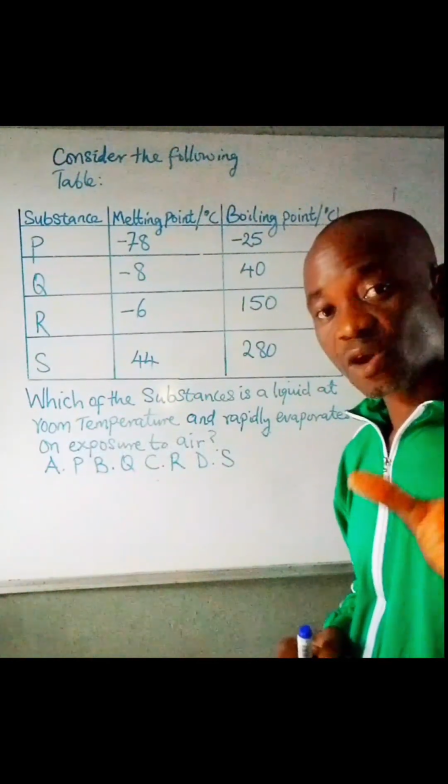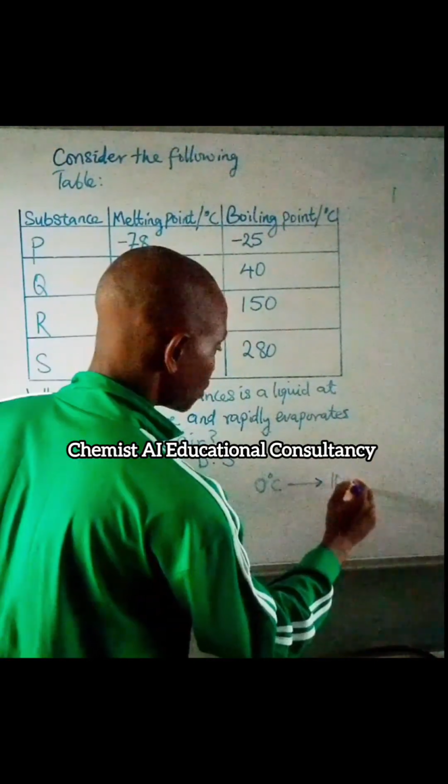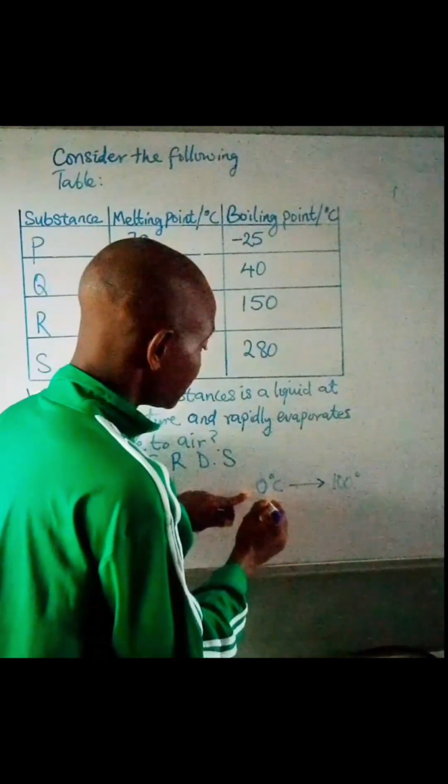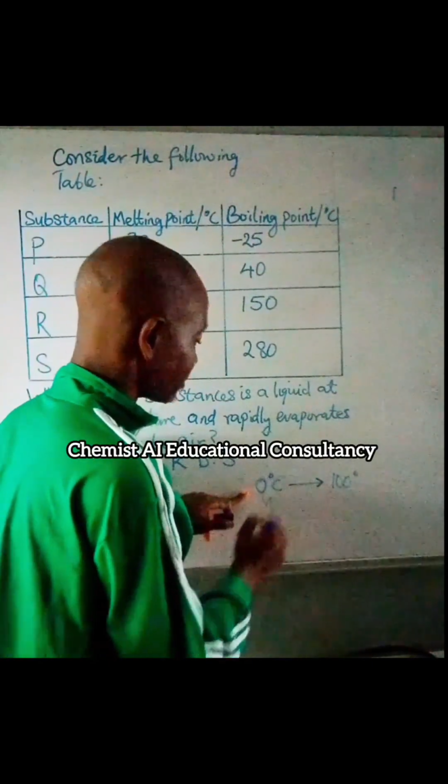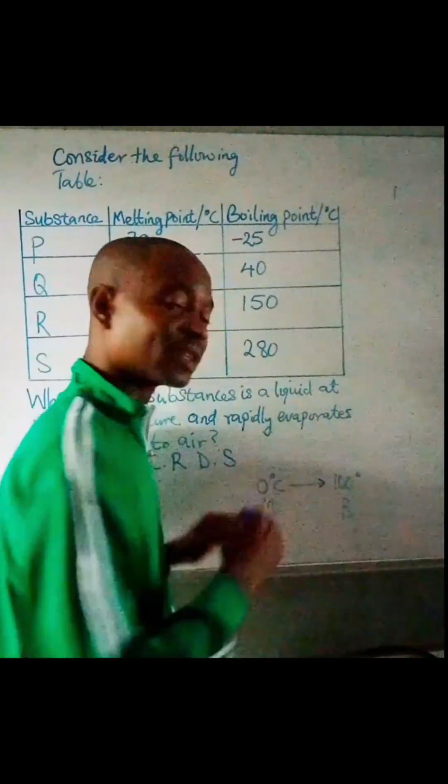For instance, water is liquid from 0 degrees Celsius to 100 degrees Celsius. This is the melting point of water, and this is the boiling point. In between here, water is liquid.